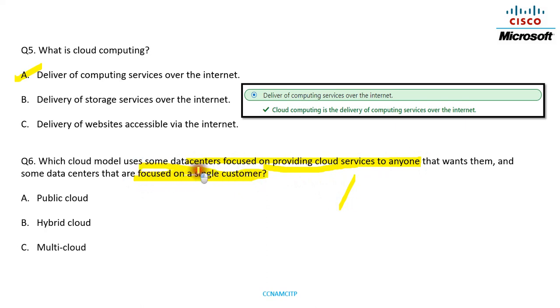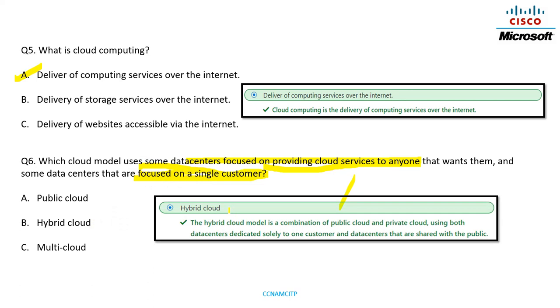The answer should be hybrid, because if you are talking about a single customer, that means private. If you are talking about multiple customers, that means public. So hybrid is a combination of public and private cloud or multi-cloud. So the answer should be hybrid cloud, B.